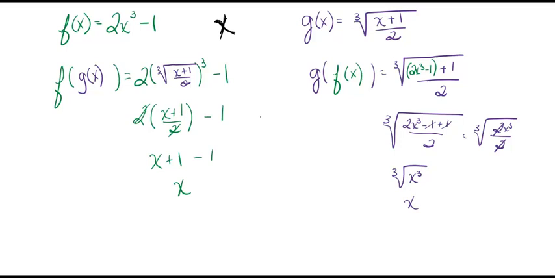And don't forget that inverse functions are represented by this notation. If you've got f of x, its inverse is represented by f to the negative 1 of x. So g of x is the inverse, and I can re-represent it as f to the negative 1 of x.